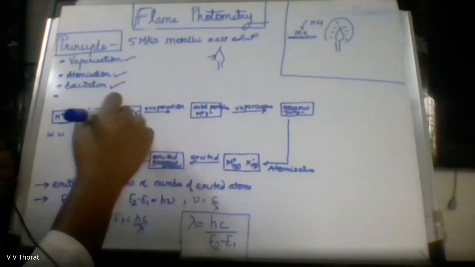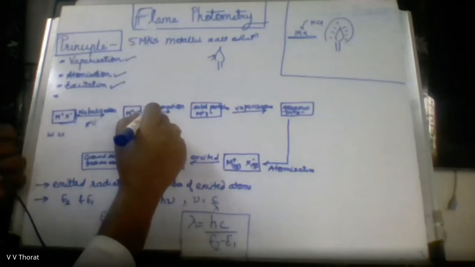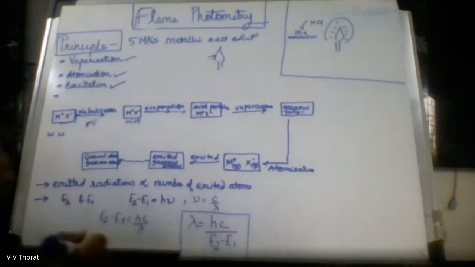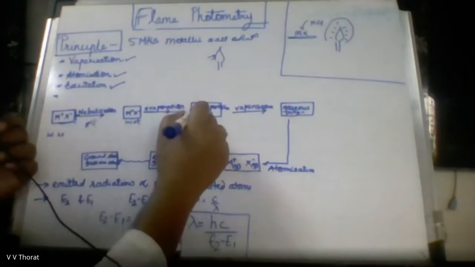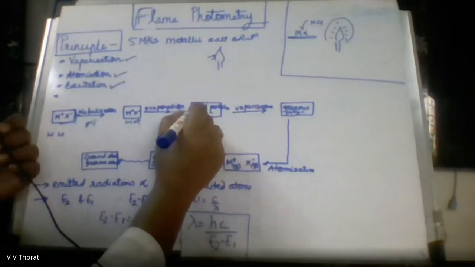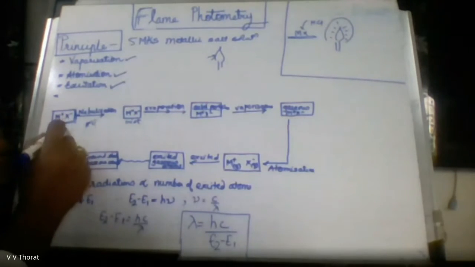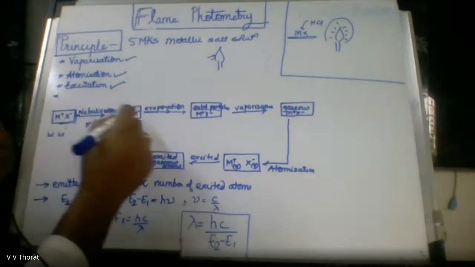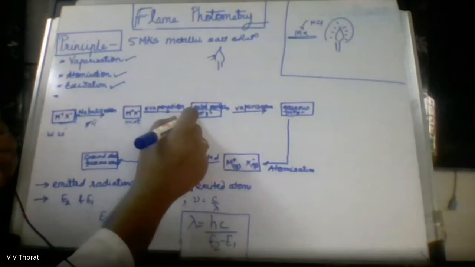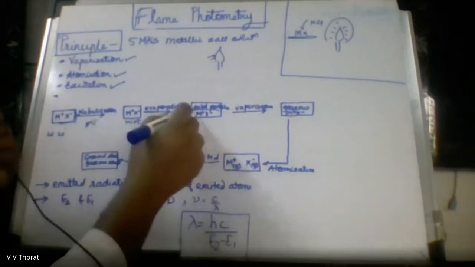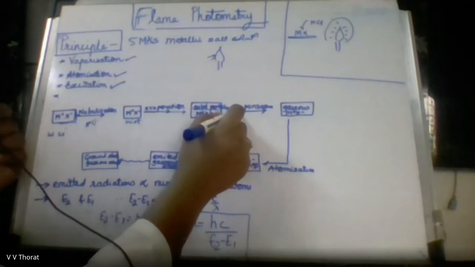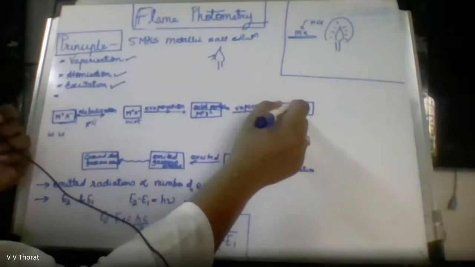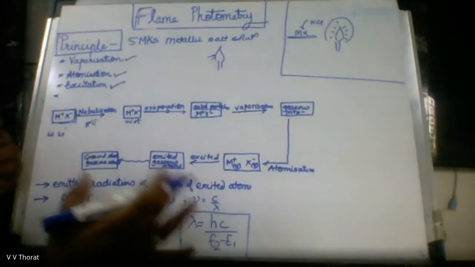This in the flame undergoes evaporation. Evaporation means solvent vaporizes. After the solvent vaporizes, you will get a solid. See the liquid introduced here, right? So with vaporization you will get solid particles of the salt. This solid particle undergoes vaporization and you will get the vapors of the salt.